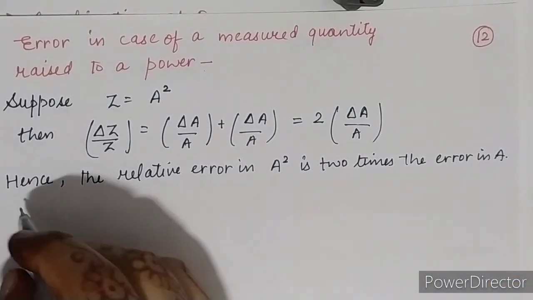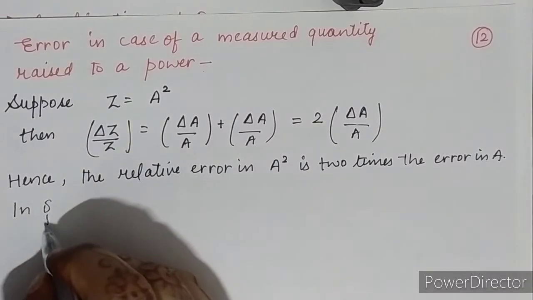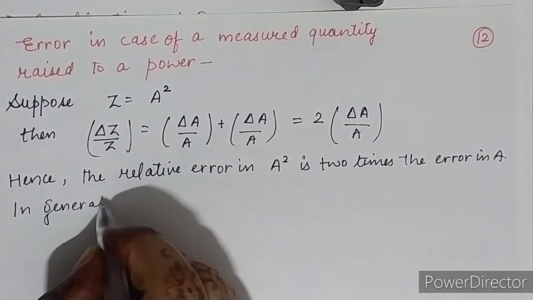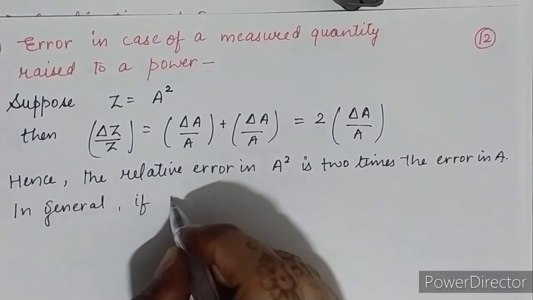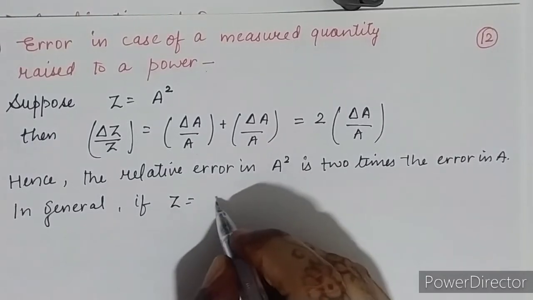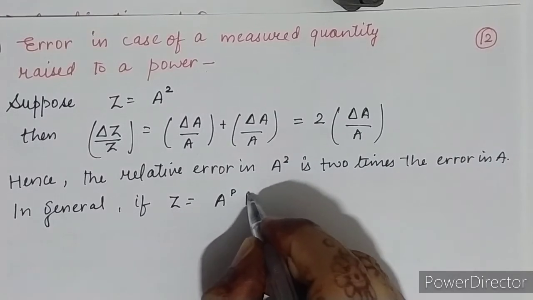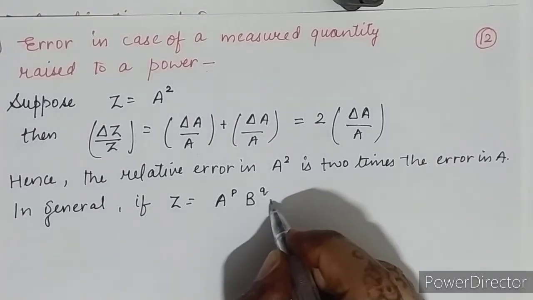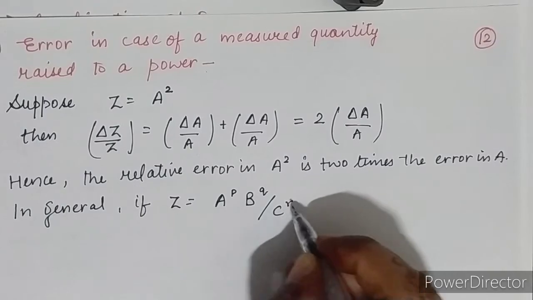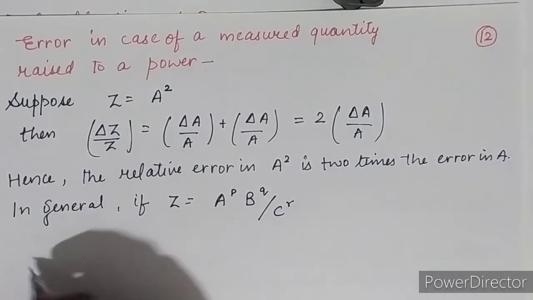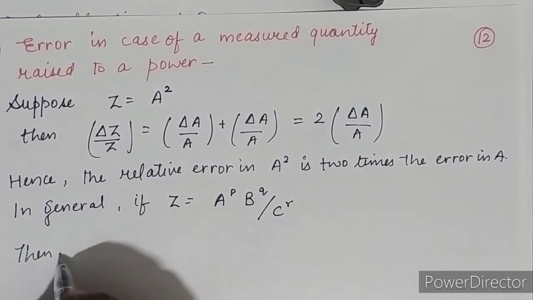Now in the general form, if we have z equals a to the power p, b to the power q, divided by c to the power r, then how do we write it?